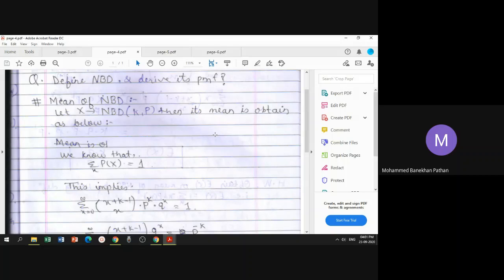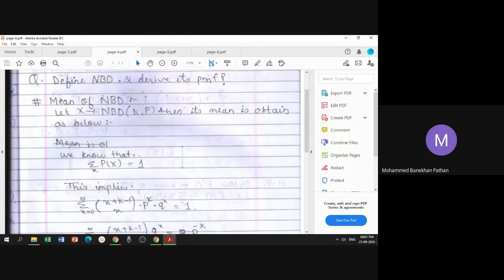In case of mean of NBD, we have another approach to derive the mean. We did proceed by E of x. We try to develop E of x at the end, and that will stand for the mean of NBD. See my cursor on the screen.